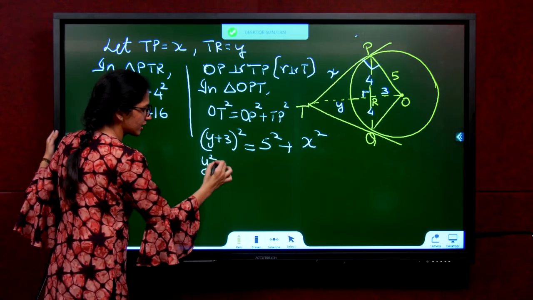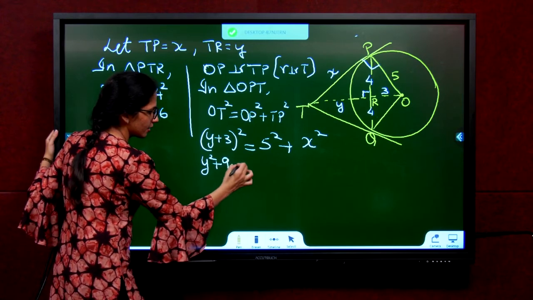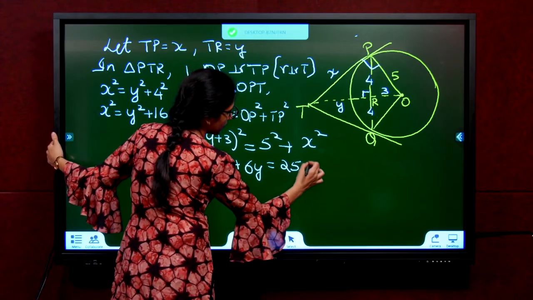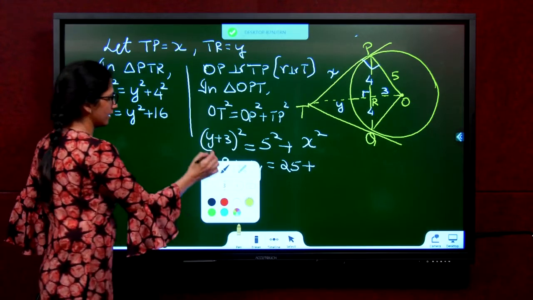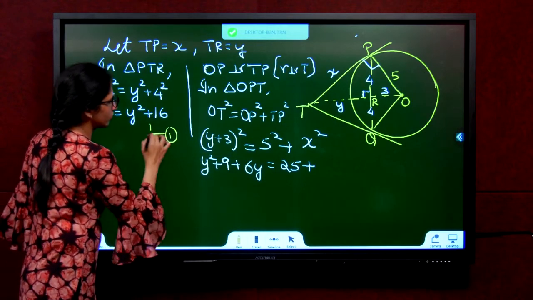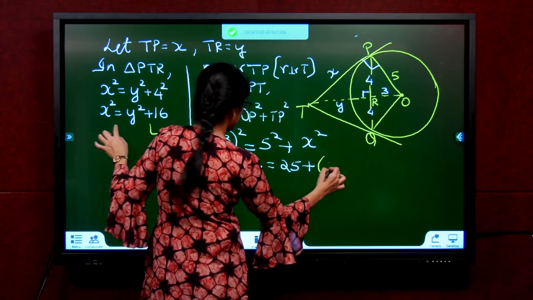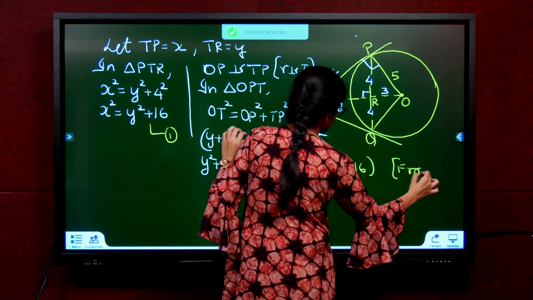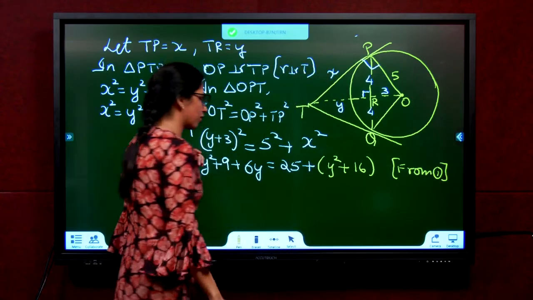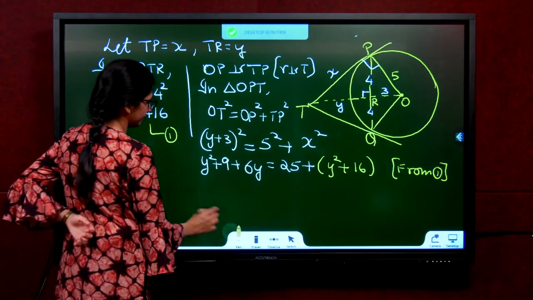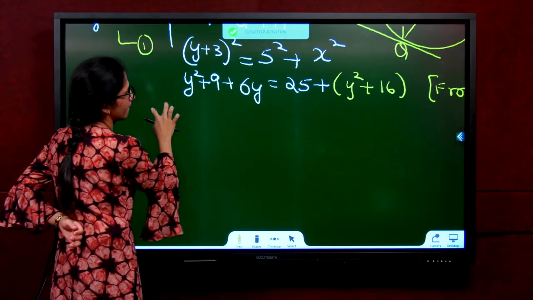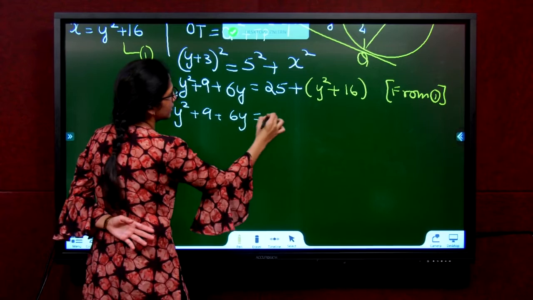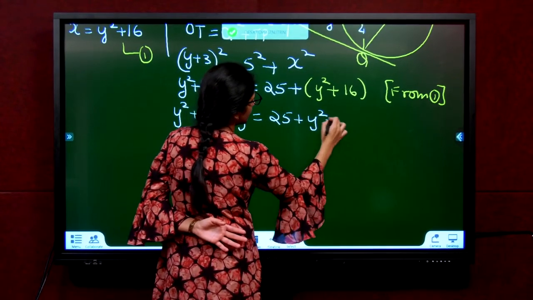Expand this. Y square plus 9 plus 2 into 3 into Y, 6Y, is equal to 25 plus X square. In the place of X square, can I call this equation 1 and substitute? X square is nothing but Y square plus 16. How? From 1. Now we will just solve for Y. Let us solve quickly. Y square plus 9 plus 6Y is equal to 25 plus Y square plus 16.